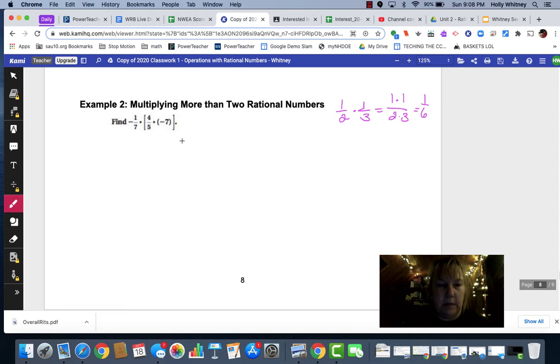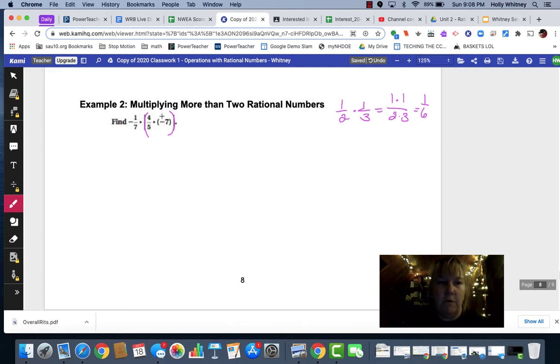So let's look at this. I know that PEMDAS says that I have to do what is inside the parentheses first, and these brackets are the same kind of thing as parentheses. But I know that multiplication is commutative, so I can move things around.